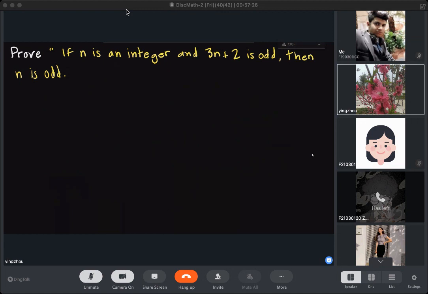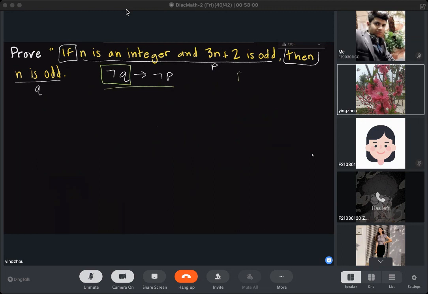Let's take a look at our indirect proof. Again, in our indirect proof of contraposition, if P then Q is our implication, and we're going to show not Q implies not P. So here's P, here's Q. Now I'm going to start by assuming not Q. If I can show that this relationship is true, it will show that if P then Q is true, which is of course what I'm trying to do.